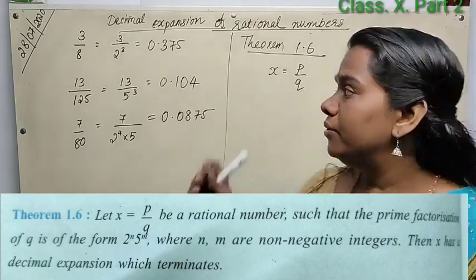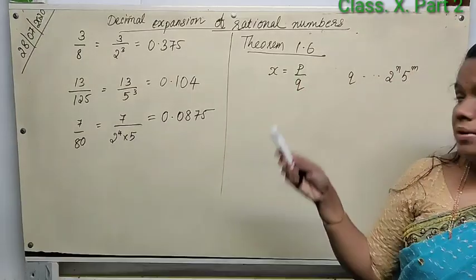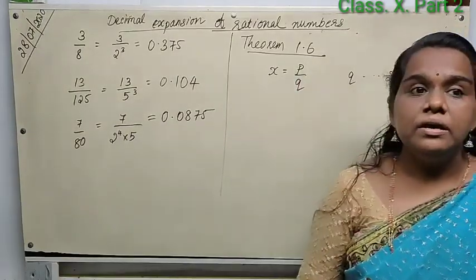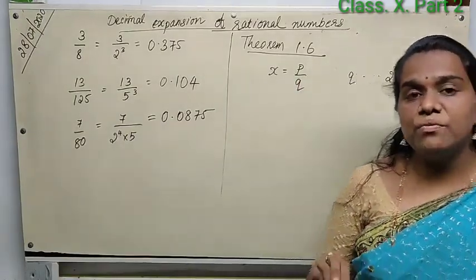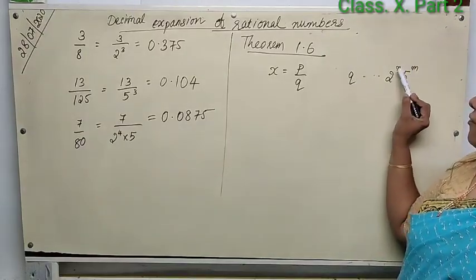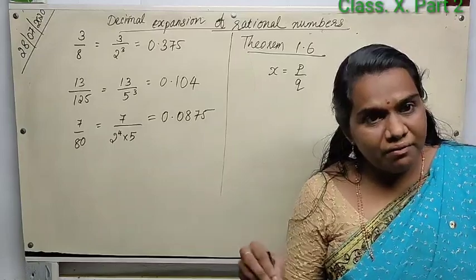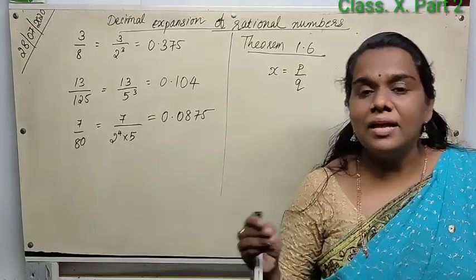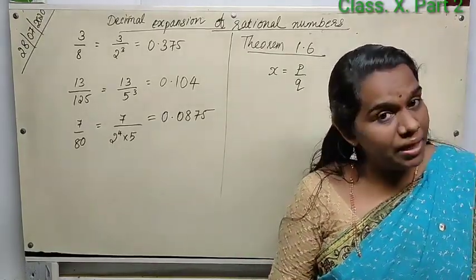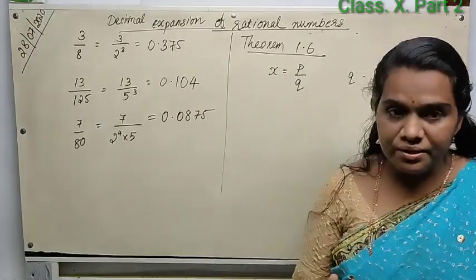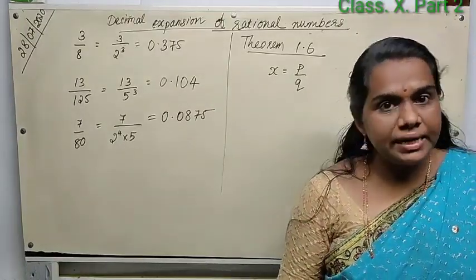Clear? In a rational number p by q, q is the denominator. When we find the prime factorization of the denominator, if it is of the form 2 raised to n, 5 raised to m, then whenever we take the decimal expansion of that rational number, it terminates. Terminate means ending. Is it clear?